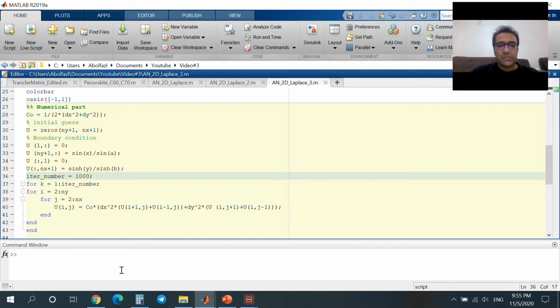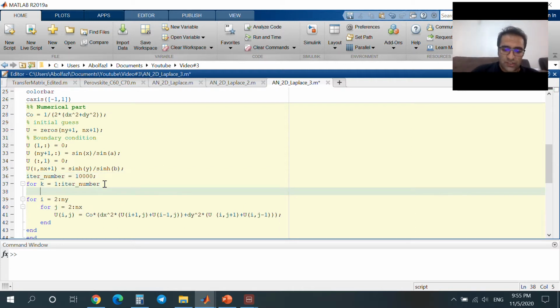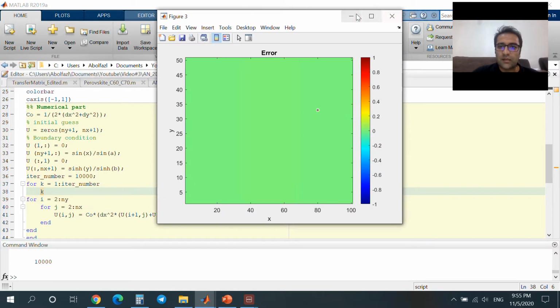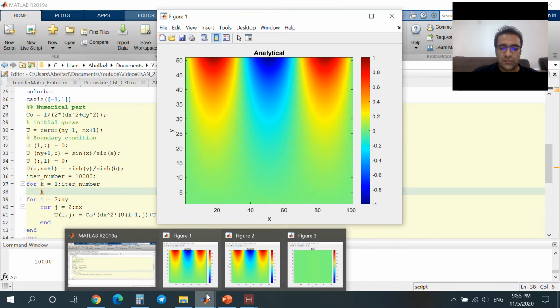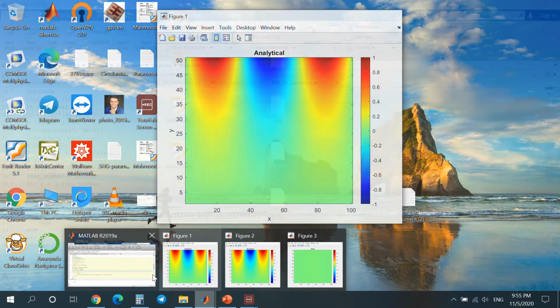So here we are using the iterative method, and if we want to decrease our error more and more, we should increase the iteration number. For example, for 1000 iterations, if I run it again, I put k here to see how much k is in the command window and how much is left for my code to finish. You see, it changes and reaches 10,000, and the error becomes less and less, and the numerical becomes exactly equal to the analytical.